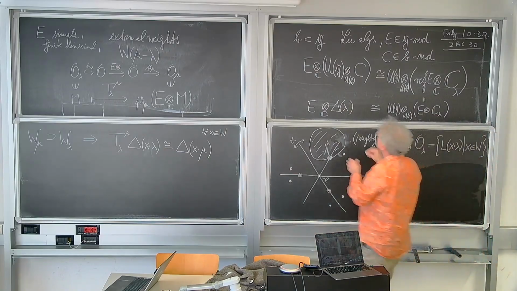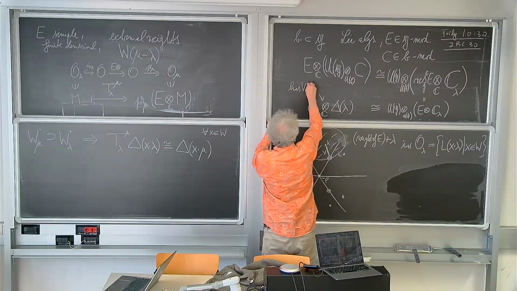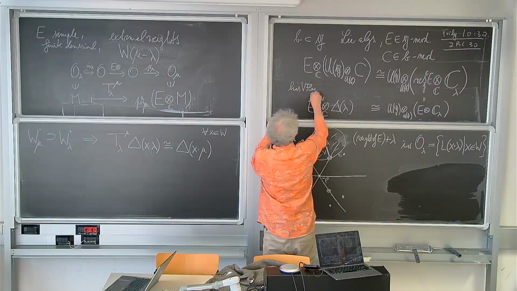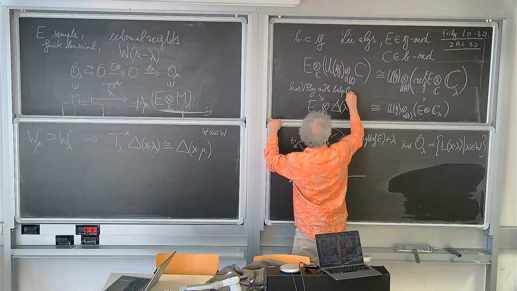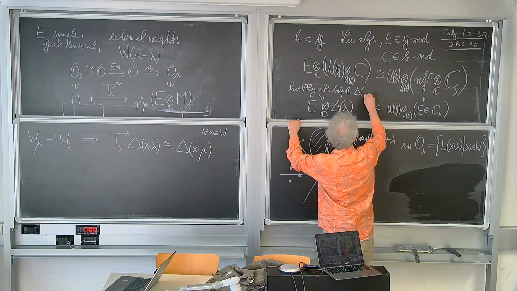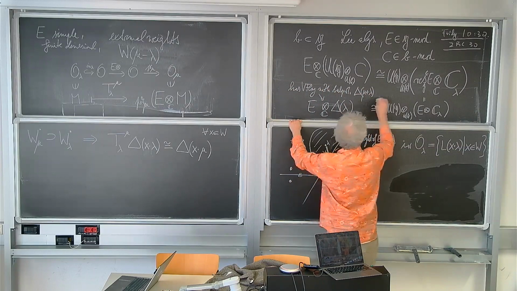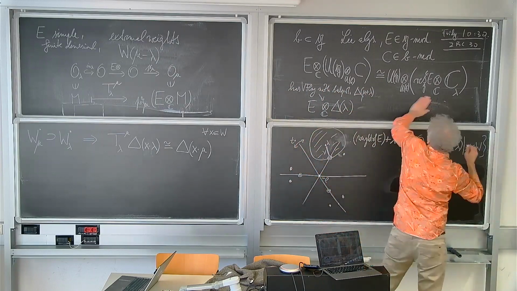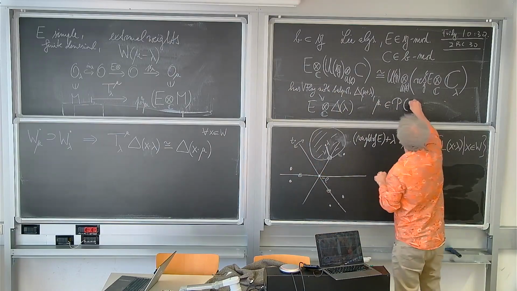So we get that this thing has a Verma flag with subquotients Delta, say, mu plus lambda, where mu is in the set of weights of phi.